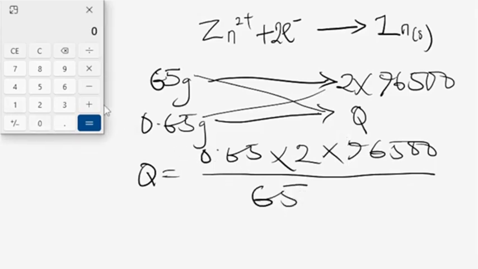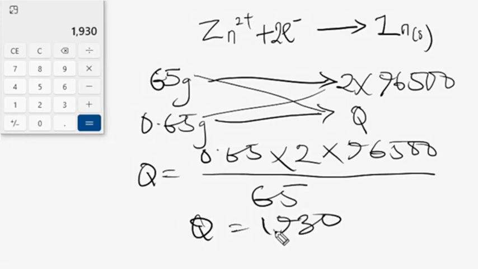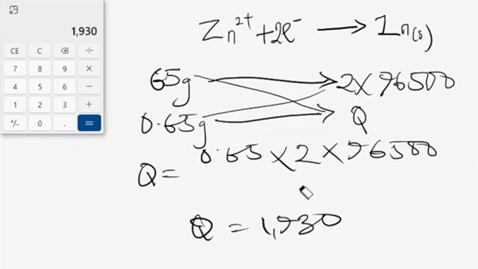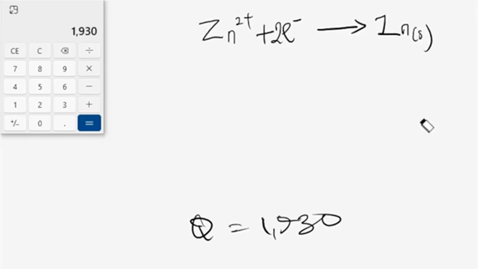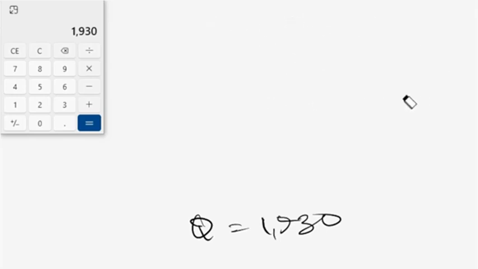So 0.65 times 2 times 96,500 divided by 65, we're going to have 1,930. So Q is going to be 1,930. So let's go ahead and wipe these other parts. So let's note that this is the quantity of charge required for the zinc ion.